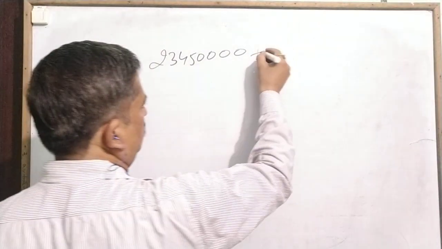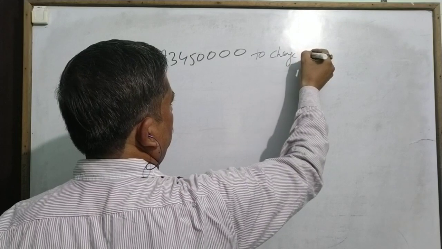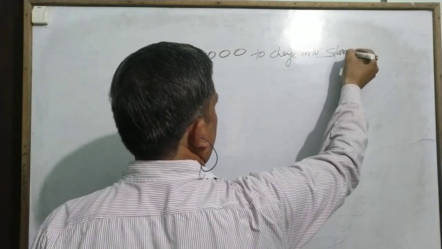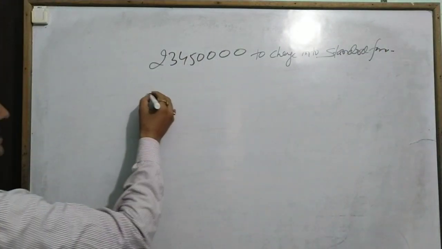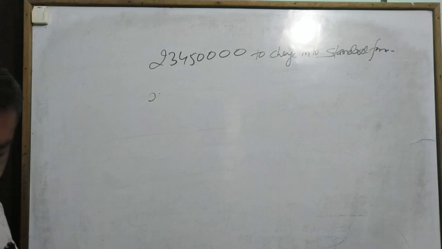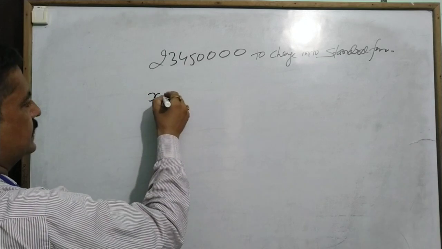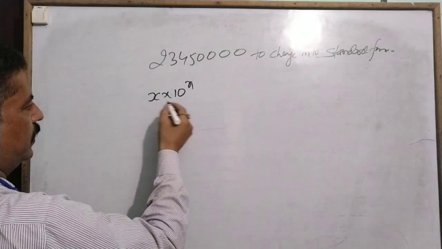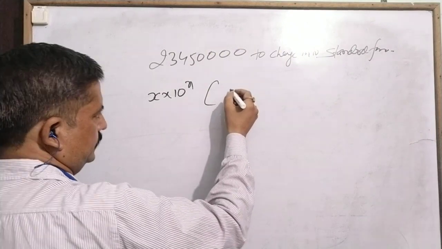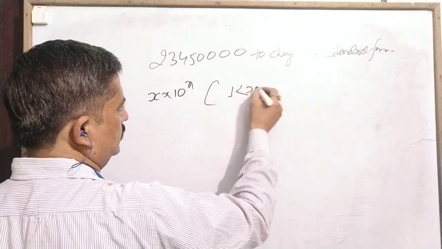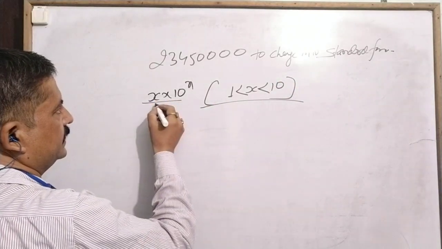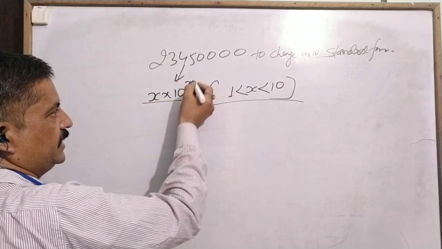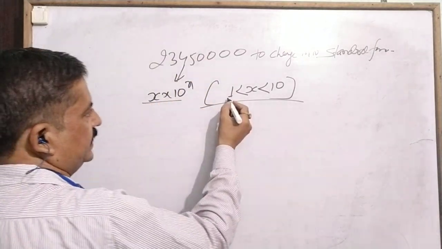You change it into x into 10 power n, where x is greater than 1 and less than 10. That's the condition. You change it into x into 10 power n, but x is greater than 1 and less than 10.